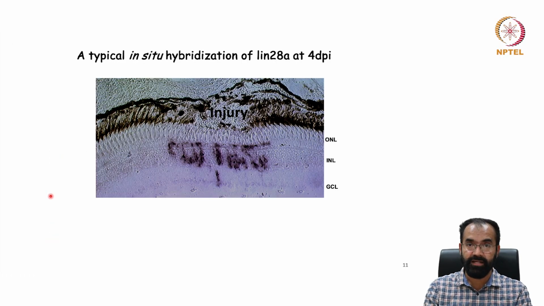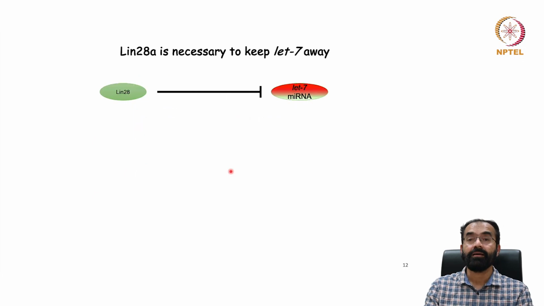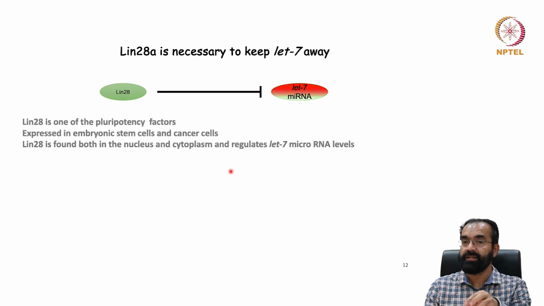This is LIN28 gene expression, because earlier I talked about LET7, and the killer of LET7 is LIN28. You can take a small portion, as you can see in this box, and see it under the microscope. LIN28 is an inhibitor of LET7 microRNA. And LIN28 is one of the pluripotency factors, like the iPS factors, one of the Yamanaka and Thomson factors.